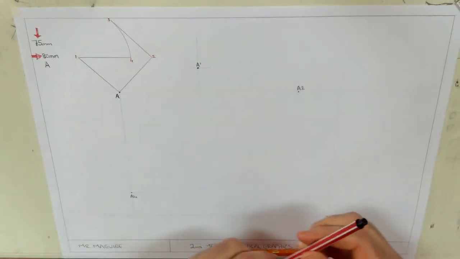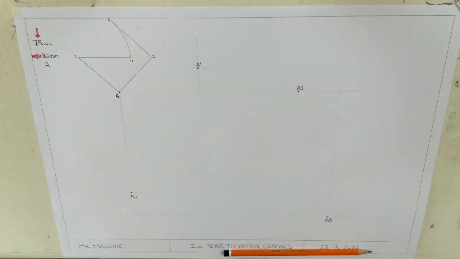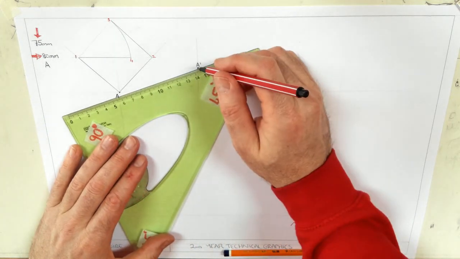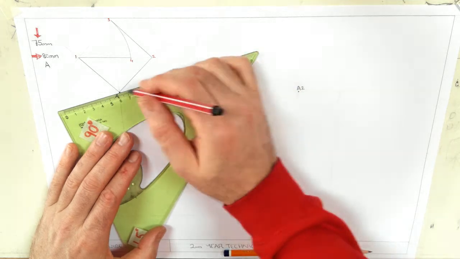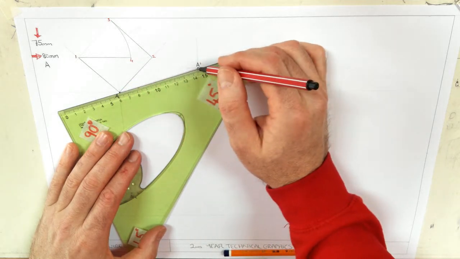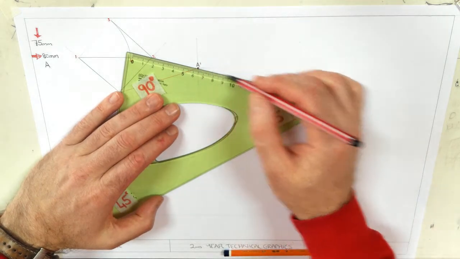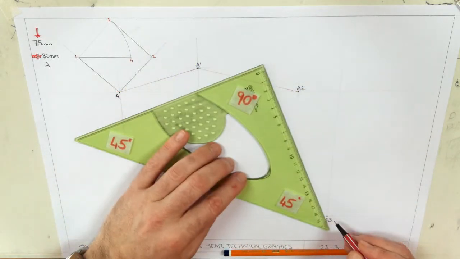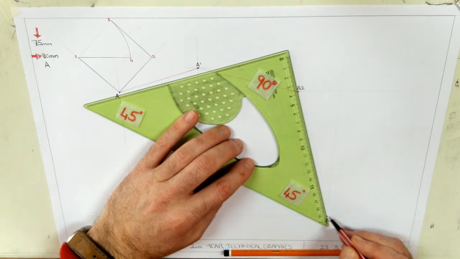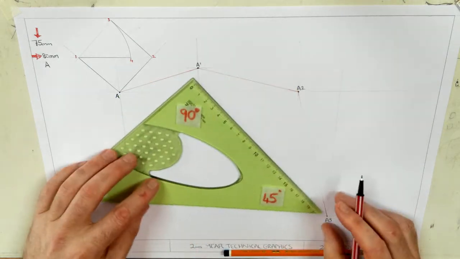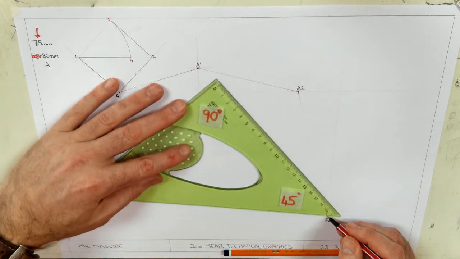Right, now the next thing I'm going to do is draw a line from A to A1, A1 to A2, A2 to A3, A3 to A4.